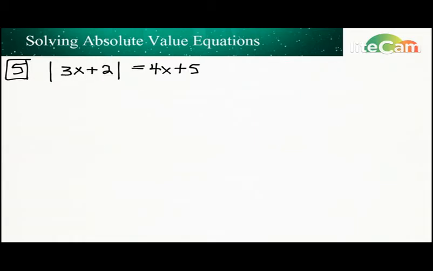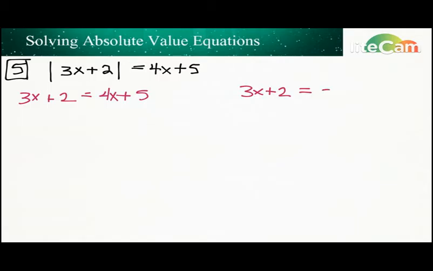Okay. So again, we're going to set up our equation just like we've done before. One of them has to be positive and one of them has to be negative. So let's do 3x + 2 = 4x + 5. And then we'll do 3x + 2 equals.